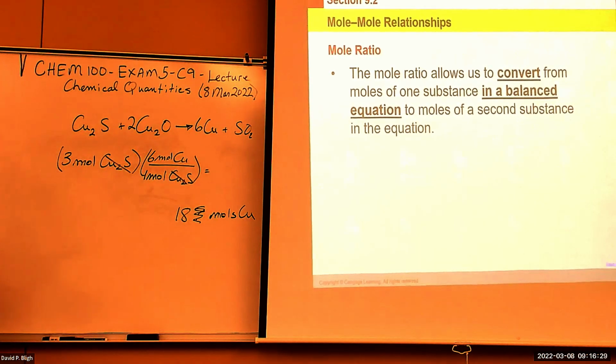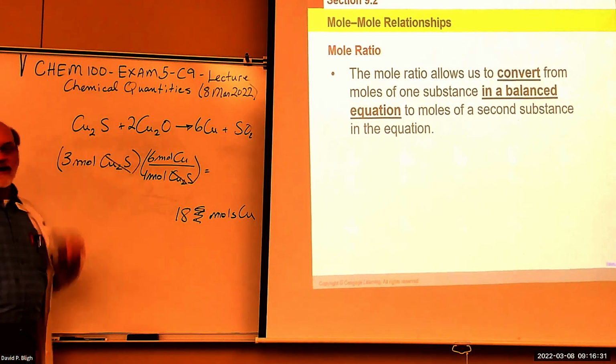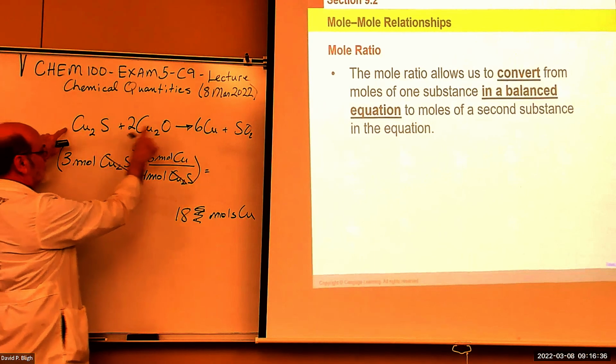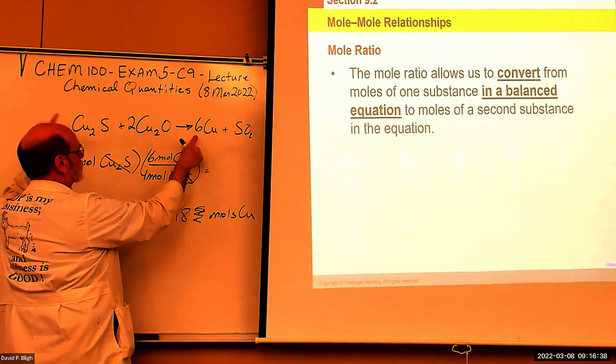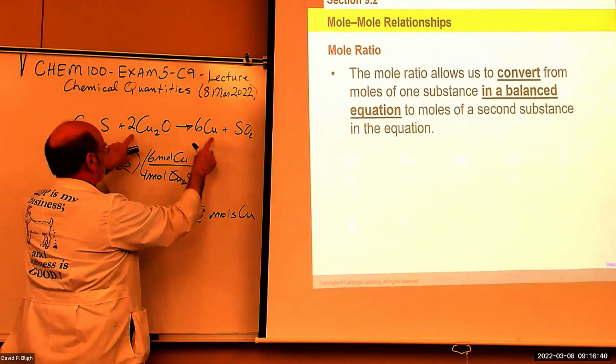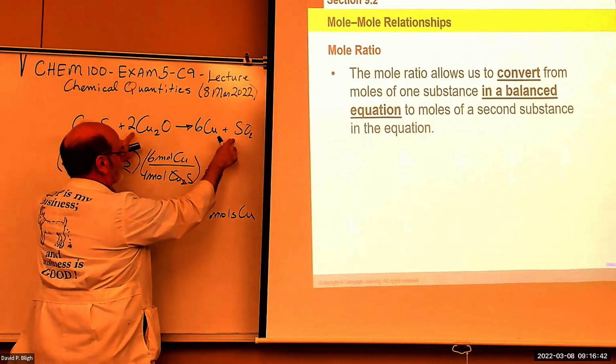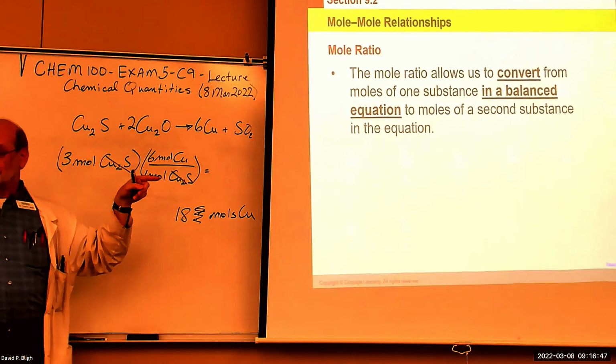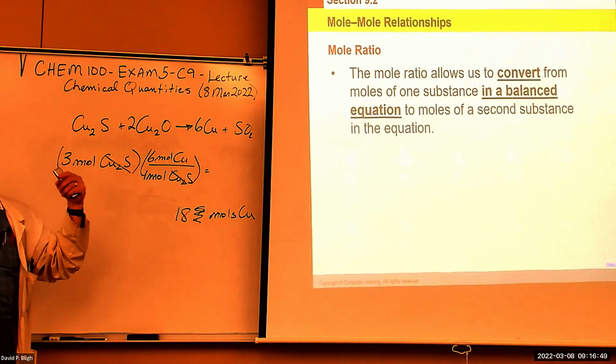So that being said, how many conversion factors could we get out of this equation? Well, you could get 1, 2, 3, 4, 5 going one direction. Or if you want to go back the other direction, you get 5 more.